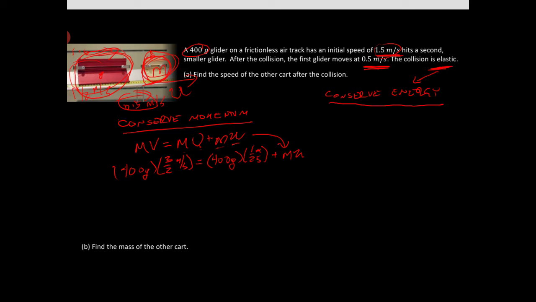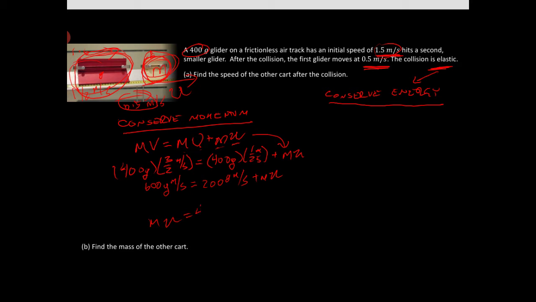Multiply these things out, so we have 400 times 3/2, which is 600 gram meters per second, is equal to 1/2 of 400, which is 200 gram meters per second, plus mu. So we can solve for mu. That's equal to 600 gram meters per second minus 200 gram meters per second.